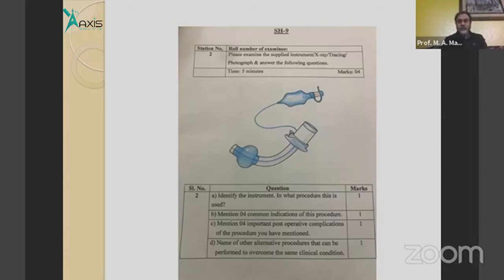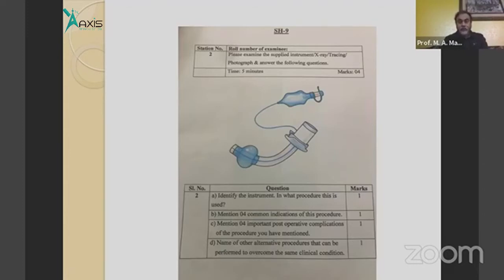This is a plastic or Portex-made tracheostomy tube. We have also a metallic tube. So, in one line, this is the identification of the instrument: a cuffed tracheostomy tube. It's made of Portex or plastic or PVC. In what procedure is this used? We use this tracheostomy tube in only one procedure, that is tracheostomy. So it is used in the tracheostomy procedure, tracheostomy operation.